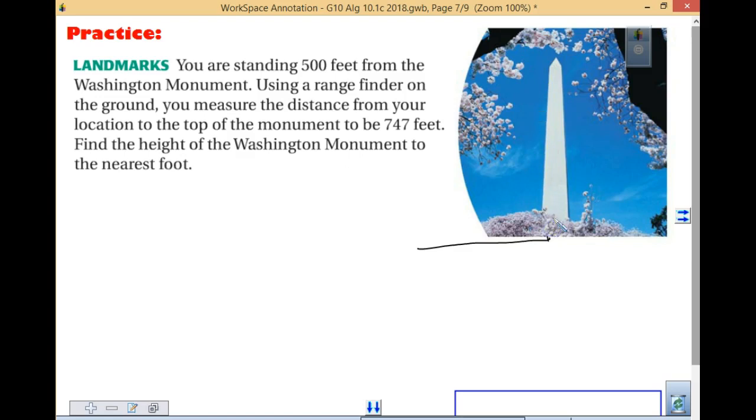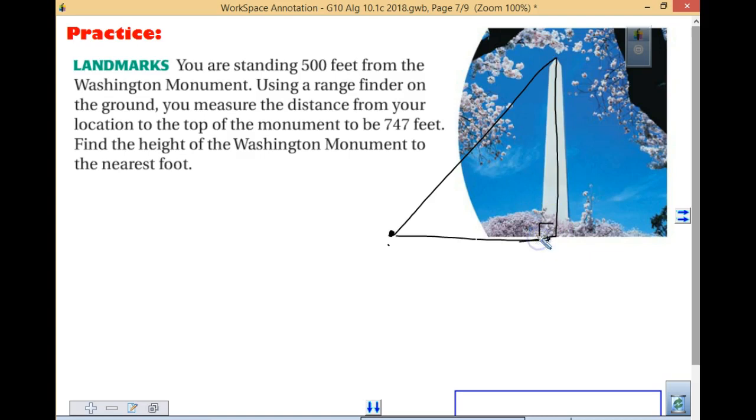they're telling you, if you read the question, if you would, Kylie, or the problem. You are standing 500 feet from the Washington Monument. Using a rangefinder on the ground, you measure the distance from your location to the top of the monument to be 747 feet. Find the height of the Washington Monument to the nearest foot.